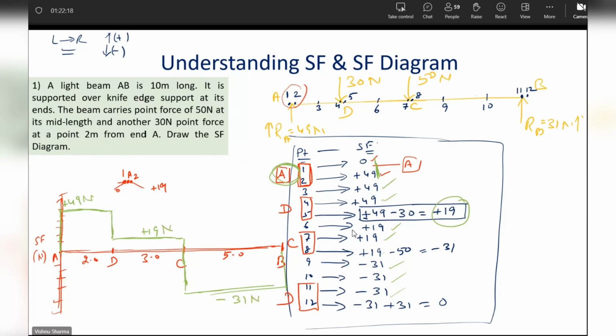Do you agree with the diagram, the graph I have drawn with these values, or if anybody has any question before I make my comments on it? Have you understood what I have done, beta?